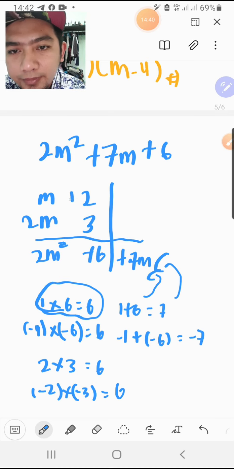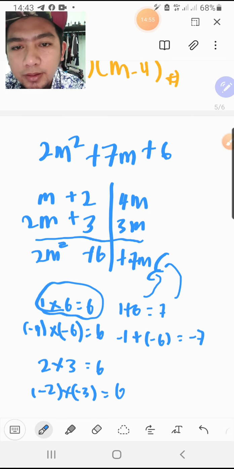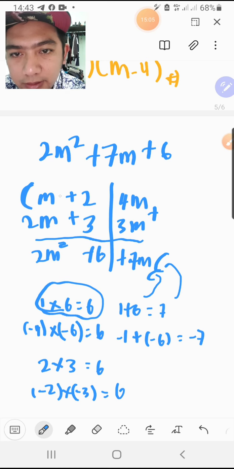Try and error, right? Okay. So now try the cross multiplication. m times 3, 3m. 2m times 2, so you will get 4m. So now you try to add, you plus 4m plus 3m, right? You will get 7m. So this is the answer. If you put negative here, maybe you will get another answer, and here it will become negative something, right?